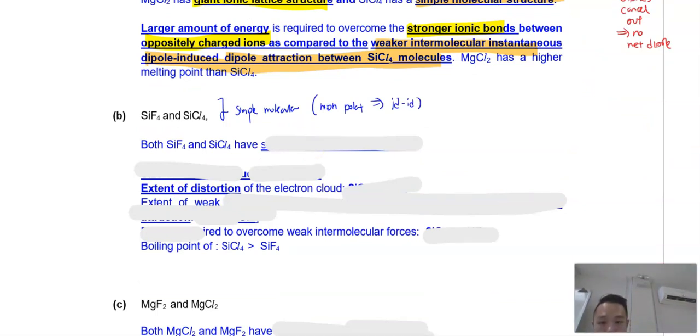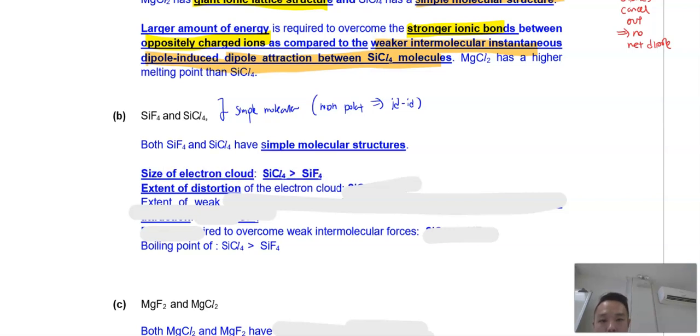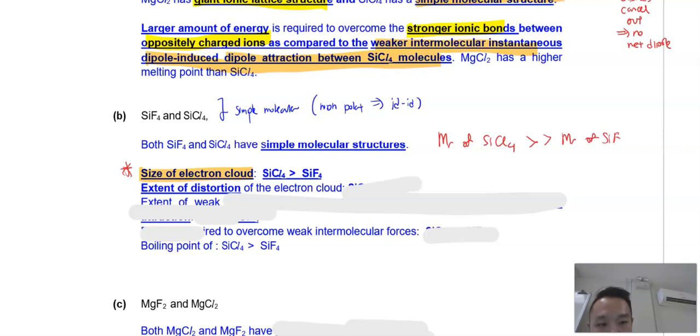So in this case, again, same thing, I talk about the structure, simple molecular structure. And I zoom in straight away to the one that distinguishes them, which is the size of the electron cloud. Because if you calculate the Mr of SiCl4, it's going to be bigger than the Mr of SiF4. And this has implications for the electron cloud size.